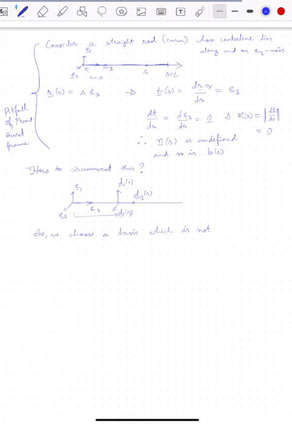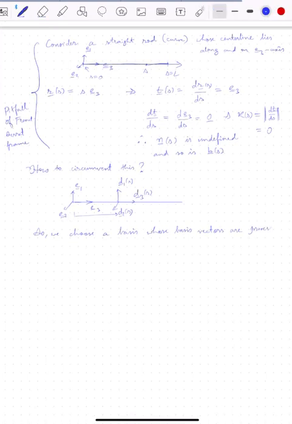Loosely speaking, whose basis vectors are chosen by us or prescribed by us, with certain conditions, with certain properties.